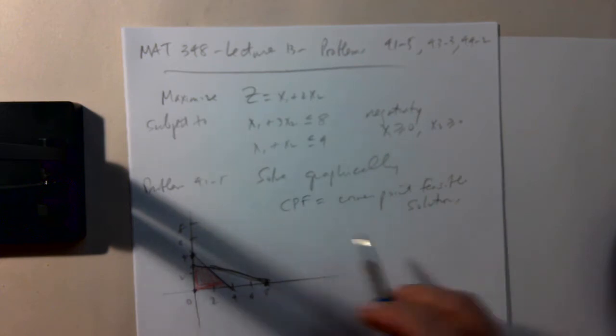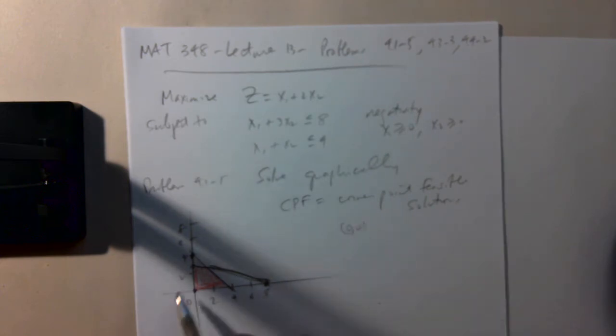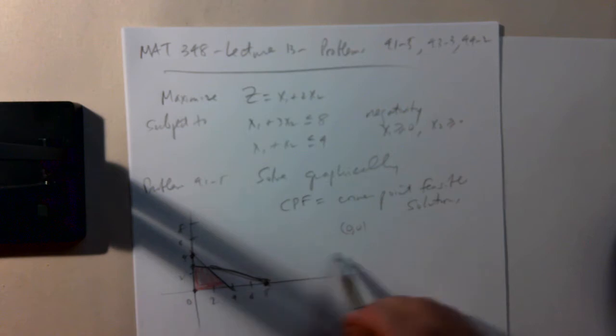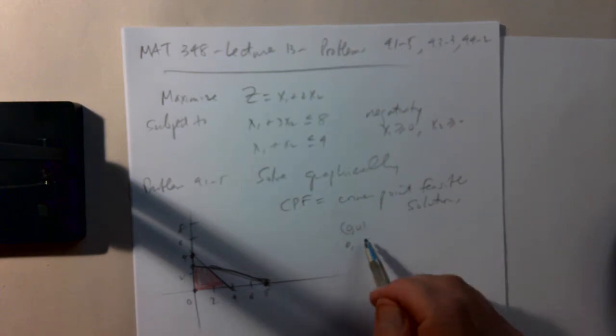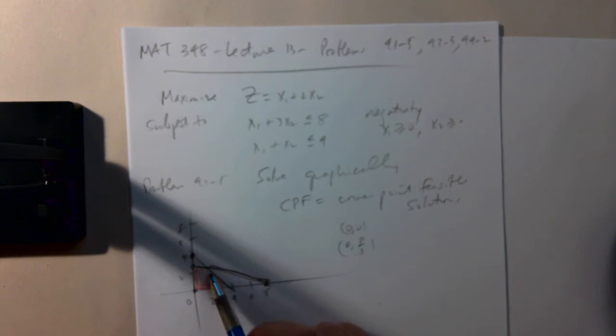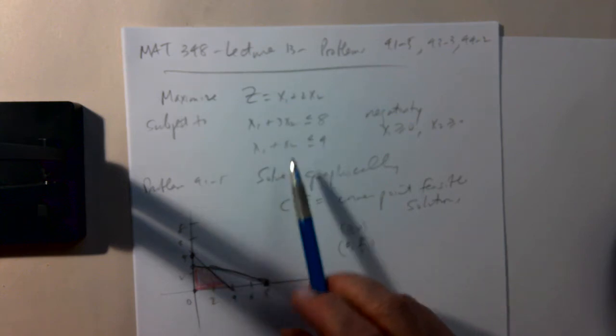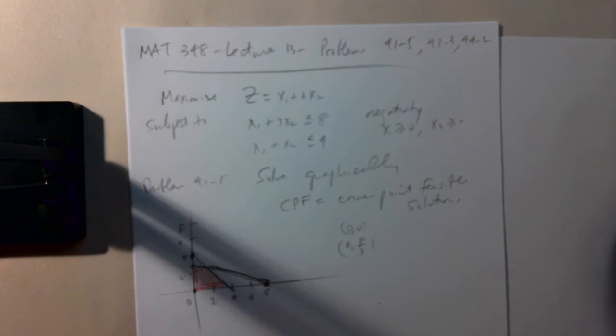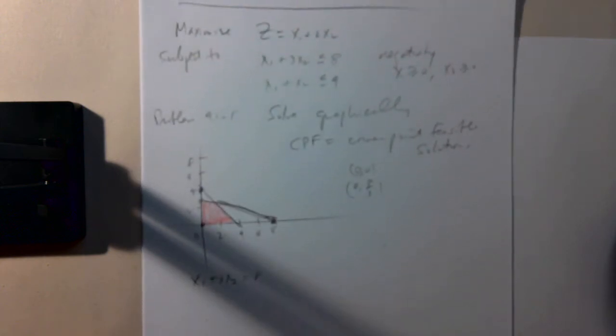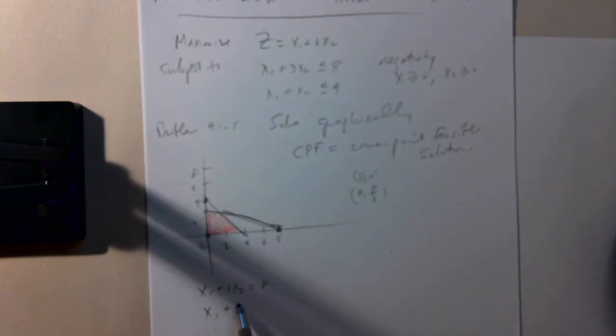Well, there are 4 corner points: 0, 0, 0, 8/3. This point, if you solve the 2 equations in 2 unknowns, x1 plus 3x2 equals 8 and x1 plus x2 equals 4, if you subtract, you get 2x2 equals 4.